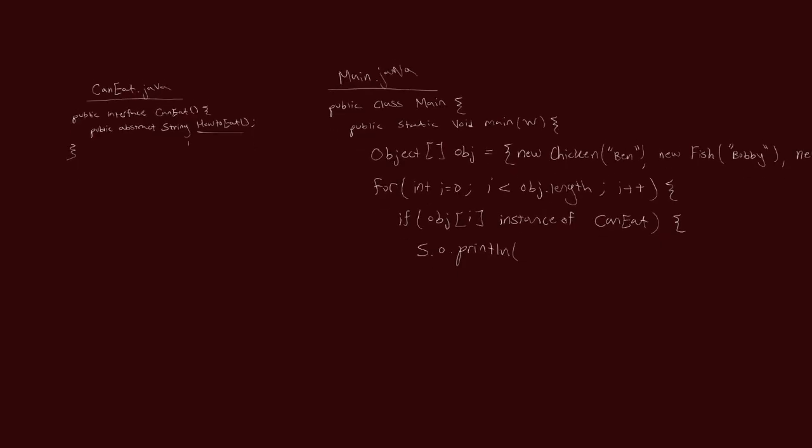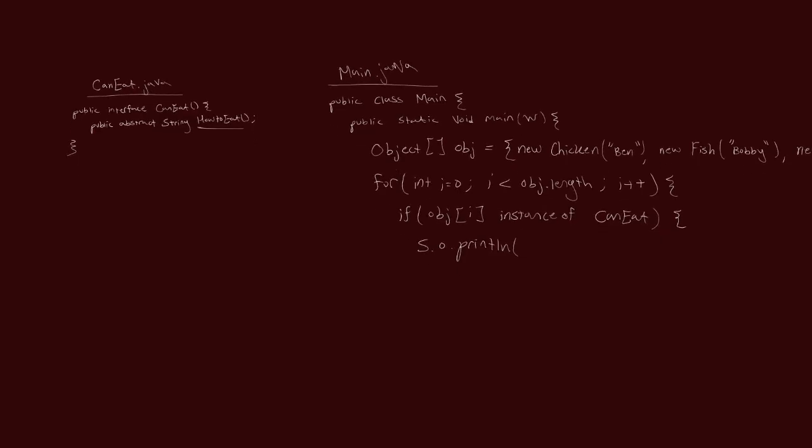So for the how to eat one, since this belongs to the can eat interface, remember if i is 0, that's gonna call the new chicken one. So it's gonna be something like this: object obj is equal to new chicken, and then the parameter that's passed in.